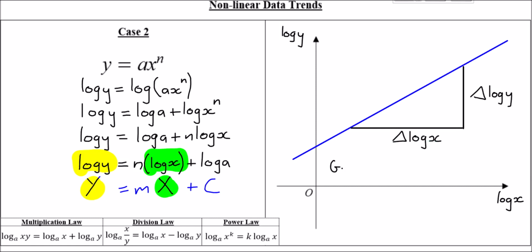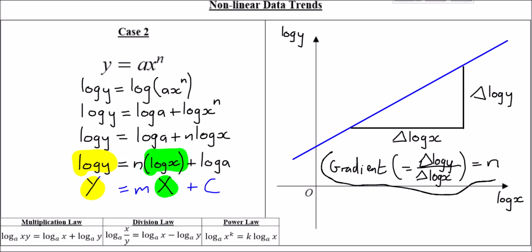And so if we calculated the gradient, which is change in log y over change in log x, that's going to tell us what n is. So that's just worth putting inside a bubble and remembering. So that's m, but of course, what is c? That's the other component to a straight line graph, the intercept. So here, our log y intercept, c, is going to be log a.